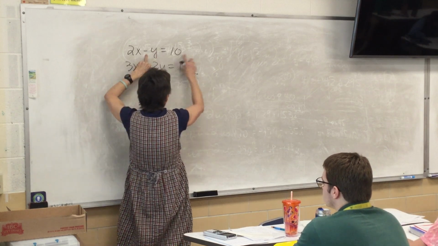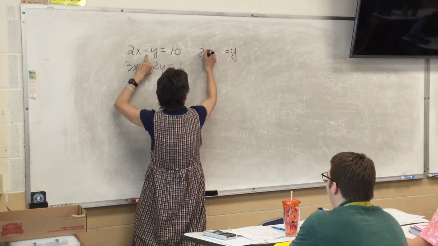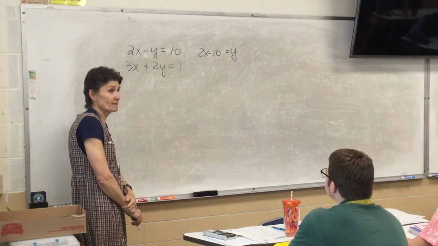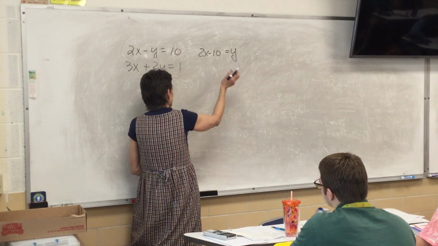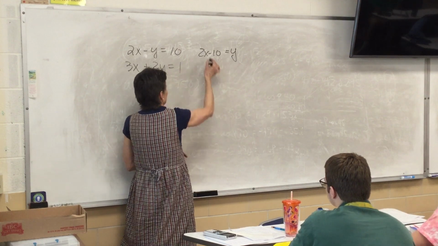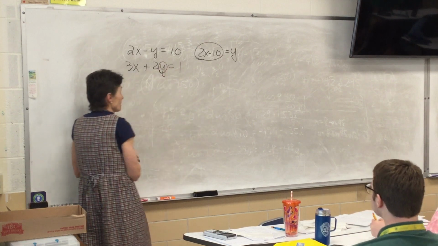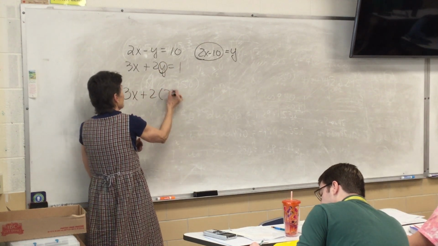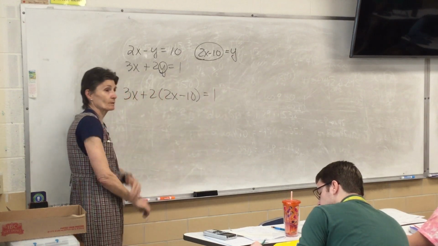So if I move it over here, and move the 10 over here, would you agree that y is 2x minus 10? So then, it's called substitution, because now you take the y value and substitute it in. So 3x plus 2 times 2x minus 10 equals 1.